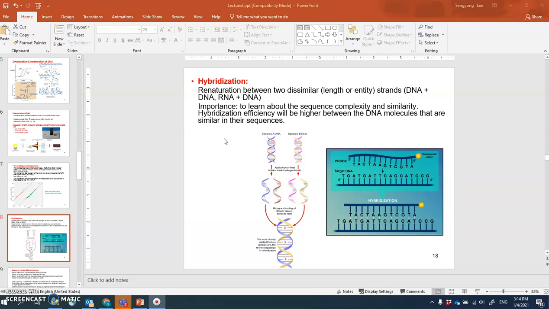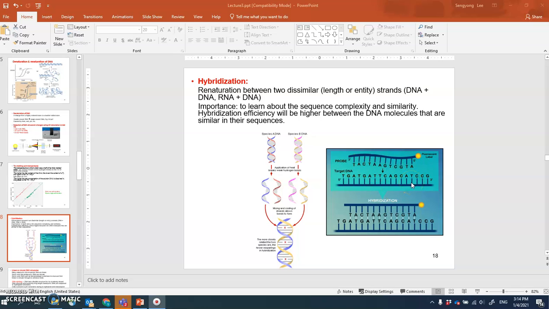That's renaturation, right? But you can think about a condition where renaturation happens, but those 2 strands of DNA are not 100% complementary. Their sizes are not matching up, so their sizes may be different, and maybe they are not a 100% complementary match.